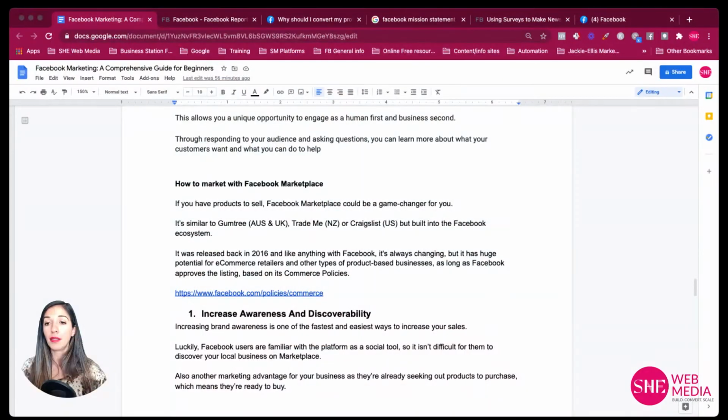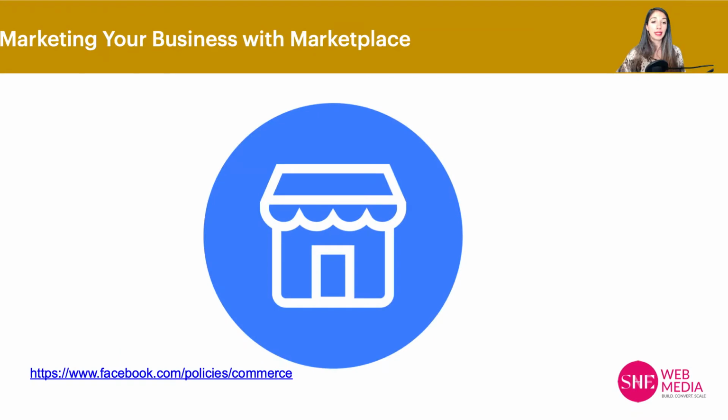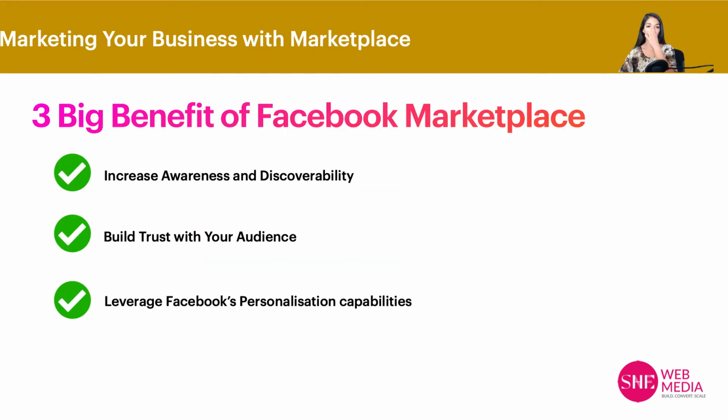However, if you are a retailer selling a product and you are approved as part of their policy, I have put it in the slides that I'm going to share with you. See, it's got Facebook policies for e-commerce. If the product you're selling is as per policy, then you can 100% use Marketplace to your advantage. So I'm going to talk about the 3 benefits again. We talked about the 3 benefits of groups. Let's talk about 3 benefits of Facebook Marketplace.